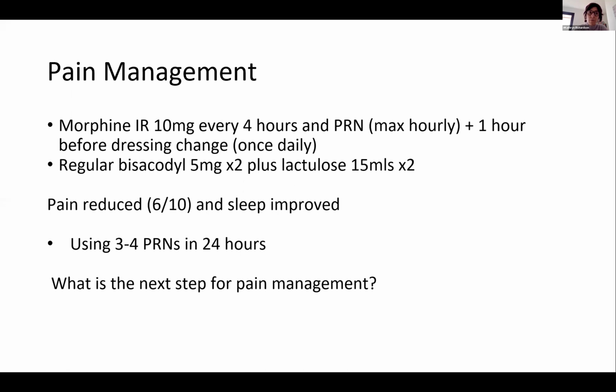So it was decided that actually having just the as-needed medication was not effective for this man, partly because it was only being given before dressing change, and he was not asking for pain relief, even though he was in severe pain. So it was clear that he needed to be prescribed a regular analgesia.